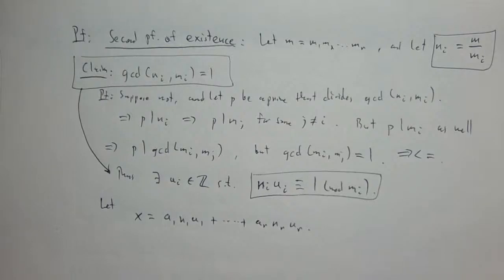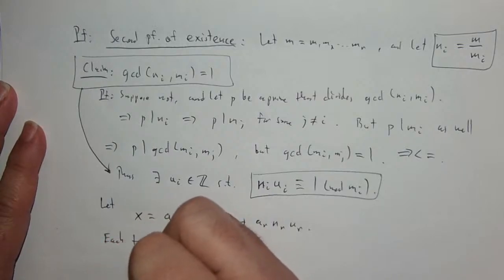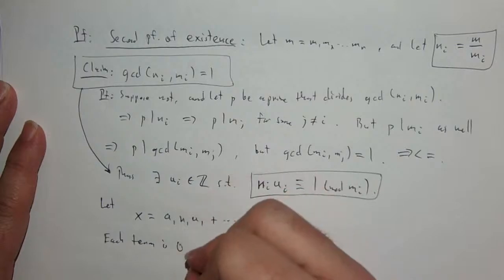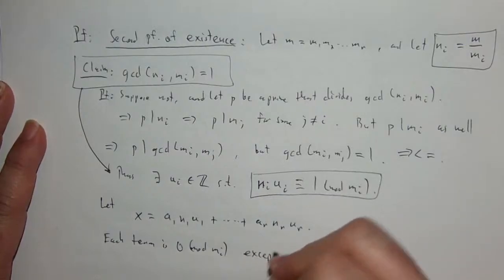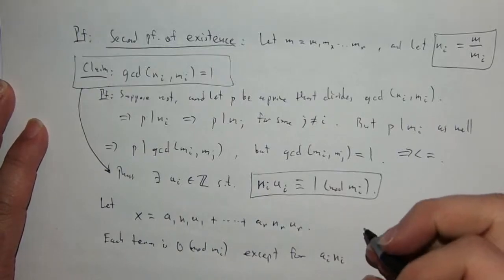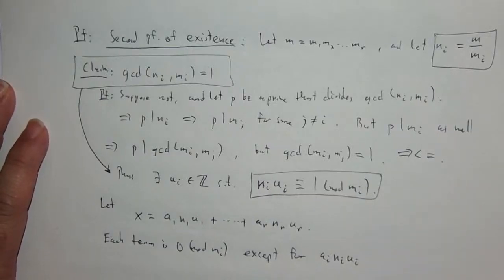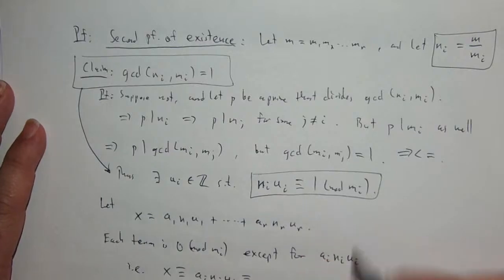So each term is 0 mod m sub i except for the ith term a sub i, n sub i, u sub i, i.e. x is congruent to a sub i, n sub i, u sub i mod m sub i, but this n sub i times u sub i is congruent to 1 mod m sub i, so this is congruent to a sub i mod m sub i.